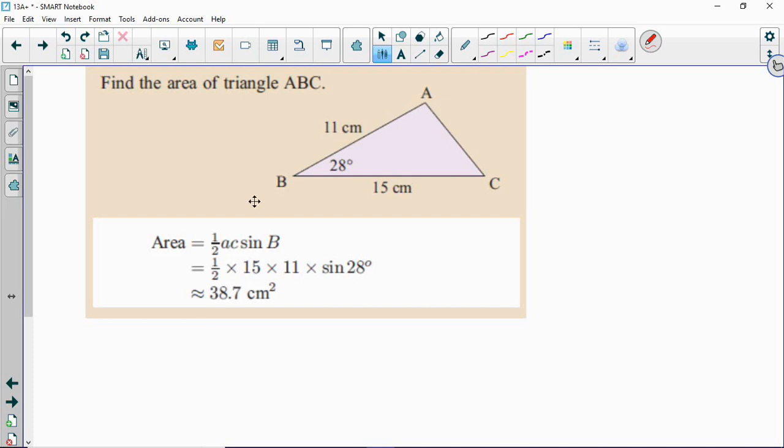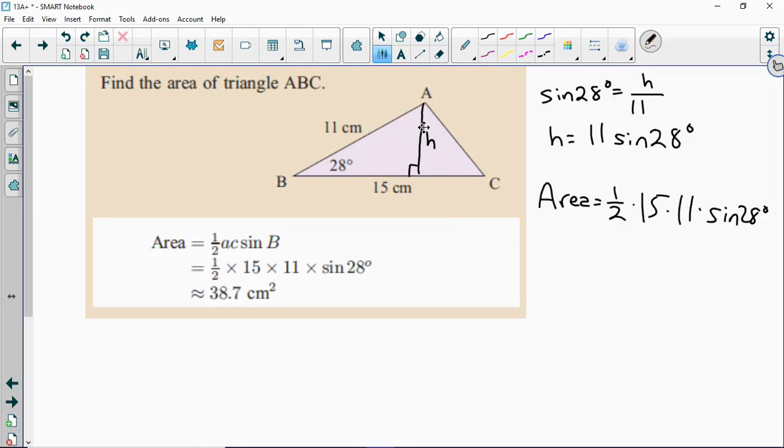Notice in this triangle, if you tried to use 1/2 base times height, you would have to do quite a bit more work to figure that out. You'd first have to draw in a height, and then you'd have to look at this right triangle here and recognize that the sine of 28 degrees is equal to the height divided by 11.